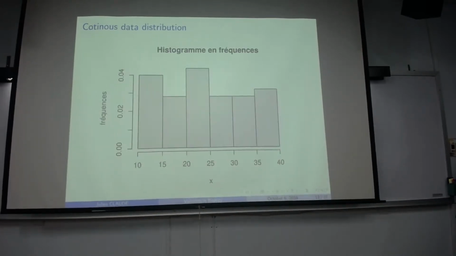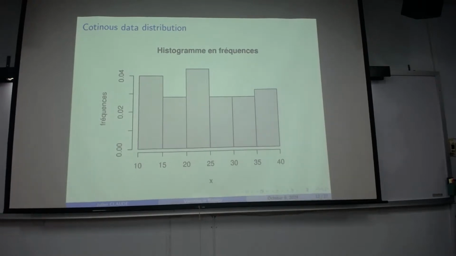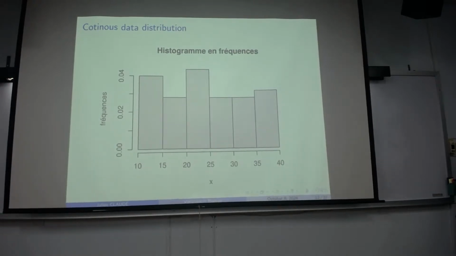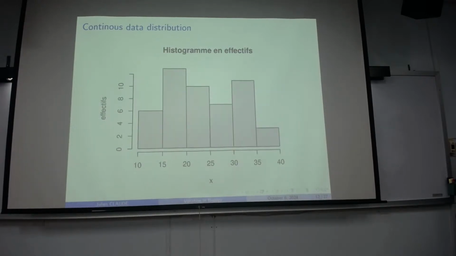If I go back to my histogram, you see that I have, let's say, 6 values between 10 and 15. If they are equally distributed, I will have one value between 10 and 11, one between 11 and 12, one between 12 and 13, one between 13 and 14, one between 14 and 15.